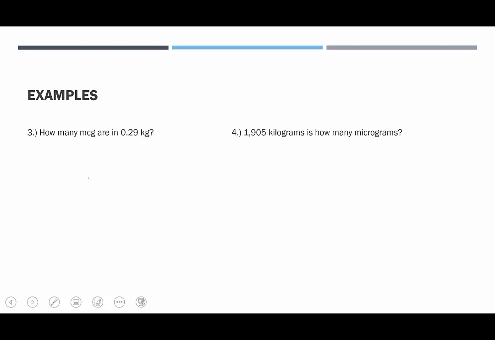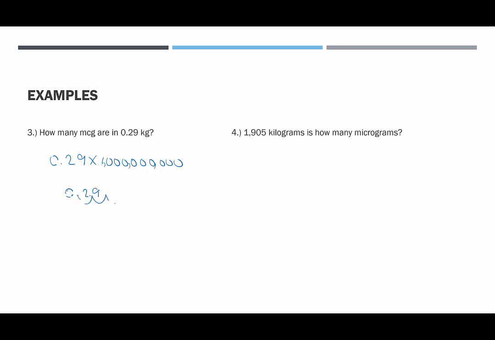Okay, in our next two examples and final examples, pause the video and see how you do. Did you end up with some really big numbers? Good, because so did I. For the number 3, we take 0.29 and we multiply it by 1 billion. So that's again multiplying it by this thing with 9 zeros behind a 1. And when we do that, that's moving the decimal point 9 places to the right.